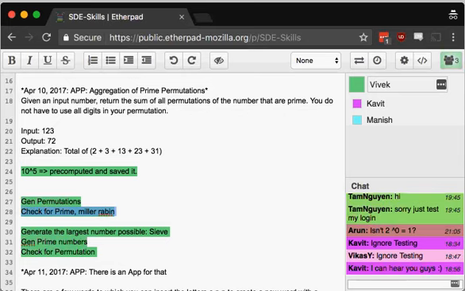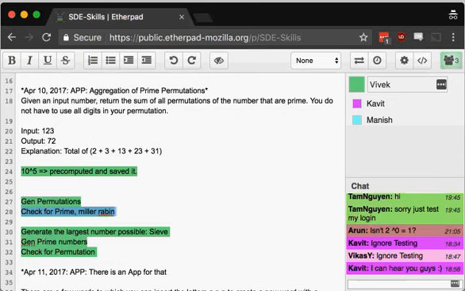I did not know about Miller-Rabin before this. Somebody just brought it up in the chat, and I looked it up. It looks like a pretty neat way, and it's fairly accurate from what I can tell. Yeah, it's probabilistic, but it has given good results all the time.